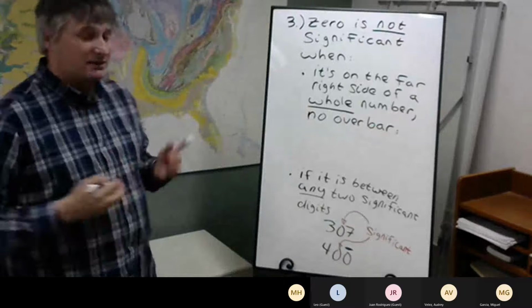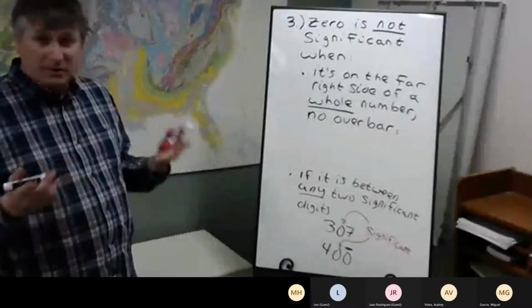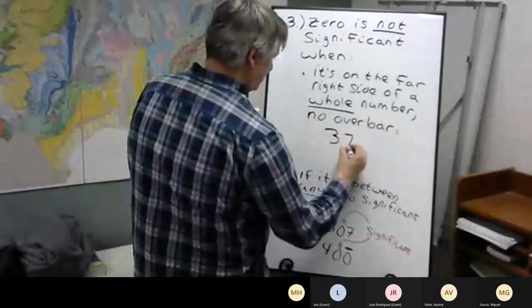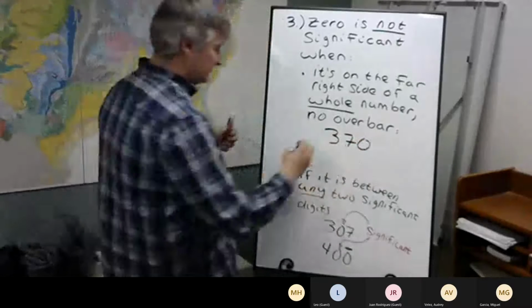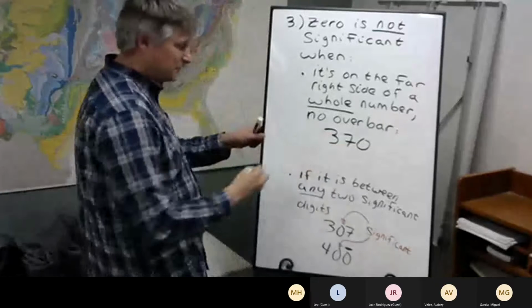It's on the far right, but it doesn't have an overbar. So what would that look like? Something like this. This might seem a little confusing.